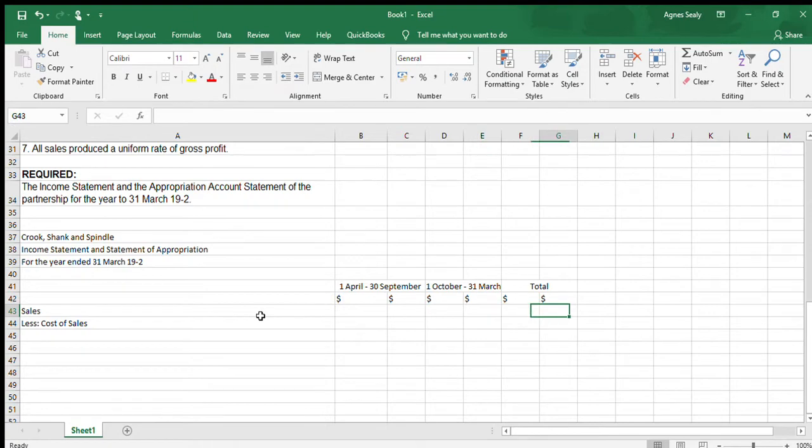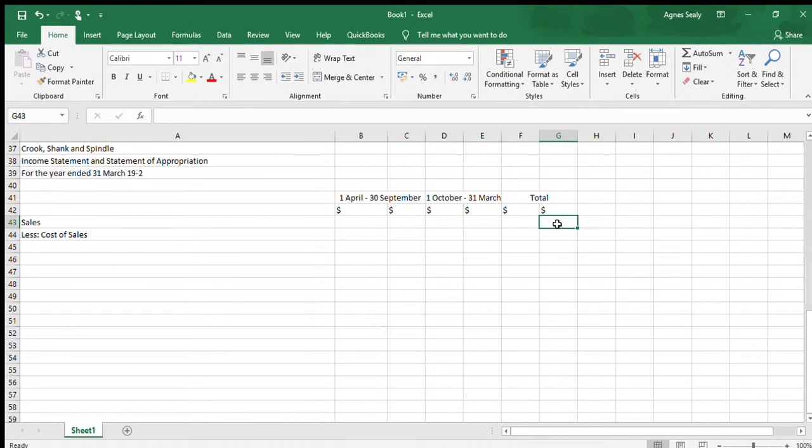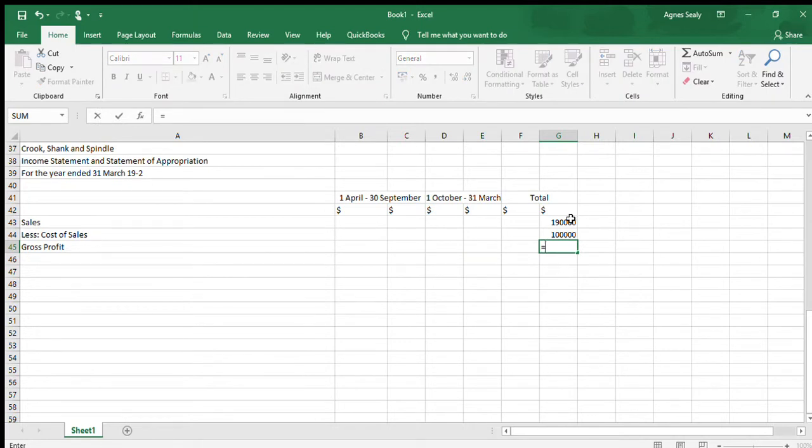We were given sales of $190,000 and cost of sales of $100,000. So therefore our gross profit equals our sales minus our cost of goods sold. So we have gross profit of $90,000.